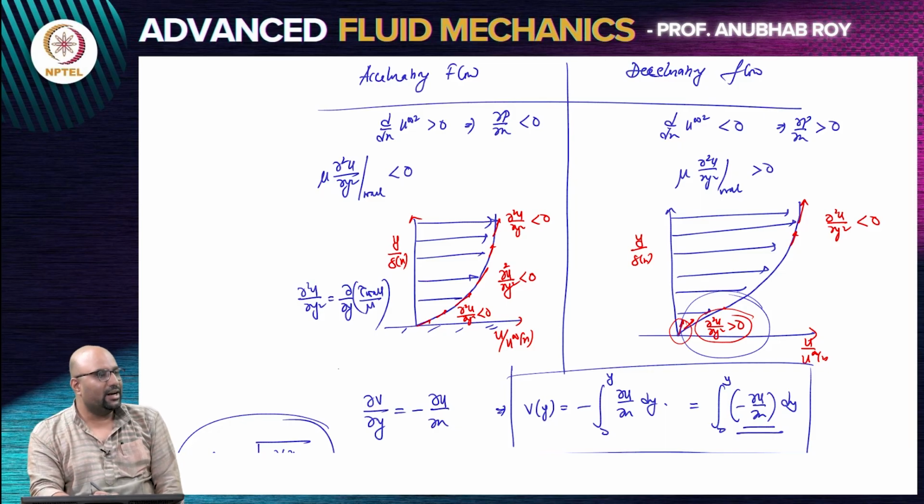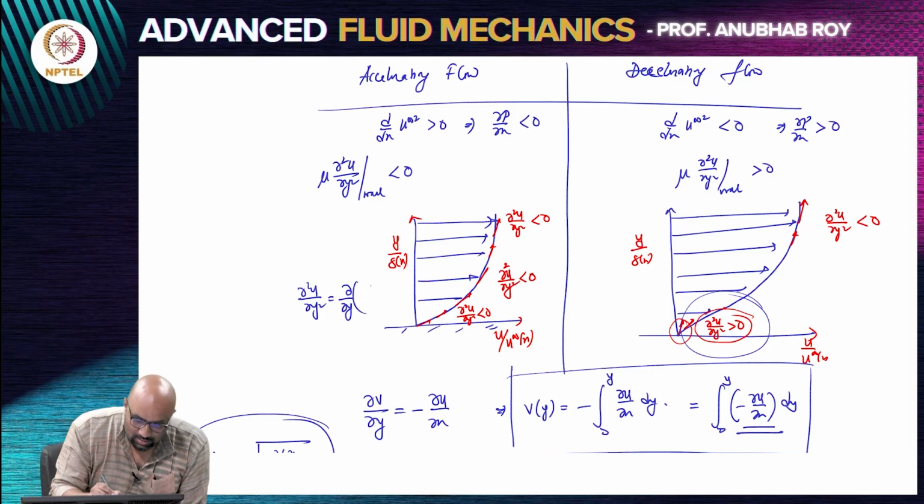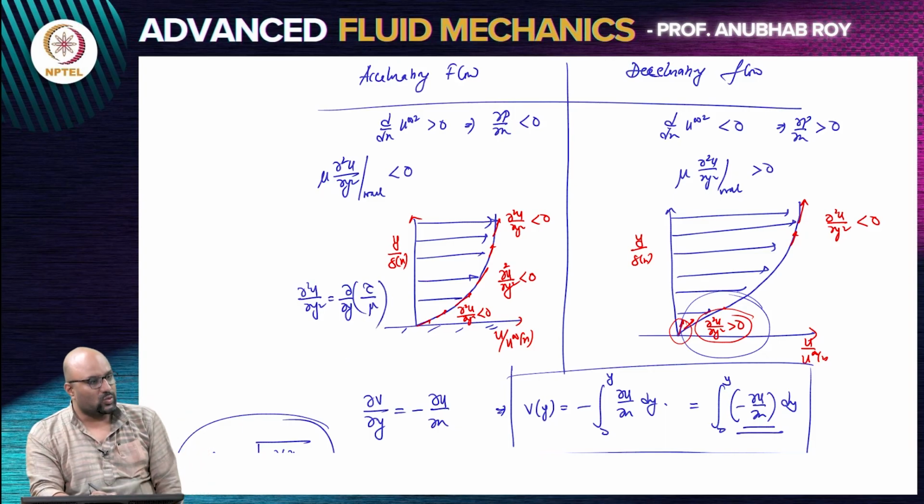It is a gradient of the shear stress. So if dou square u by dou y square is negative everywhere, that means I monotonically have a decay in my shear stress, with the wall shear stress being the maximum shear stress in the problem.